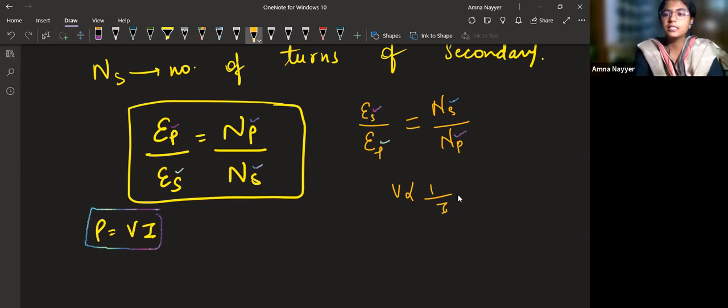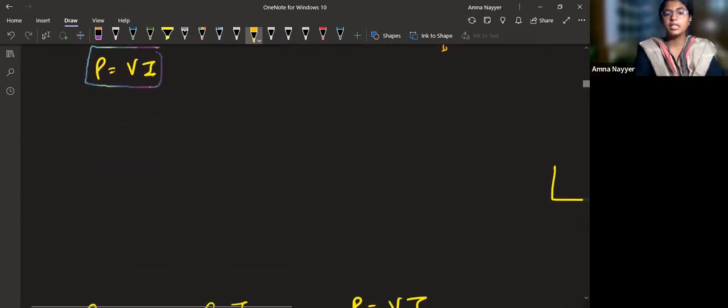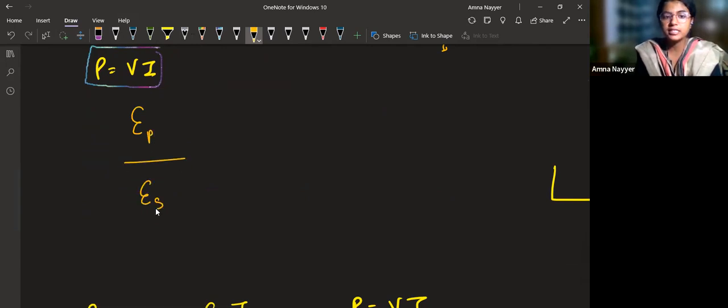It means in this final formula that you will get, EMF in primary divided by EMF in secondary is equal to number of turns in primary by number of turns in secondary.